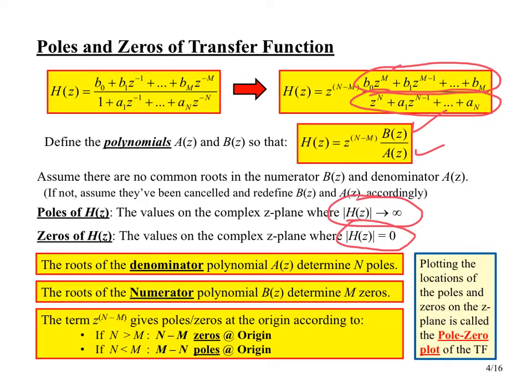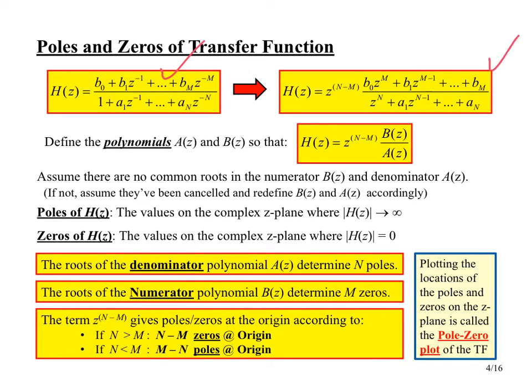So our whole purpose in getting it into this form, or equivalently this form above it, is so that we can very easily find the poles and zeros. You can find them from that form, but if you get it into the z form rather than the z inverse form, it's much, much easier and more reliable to find poles and zeros.